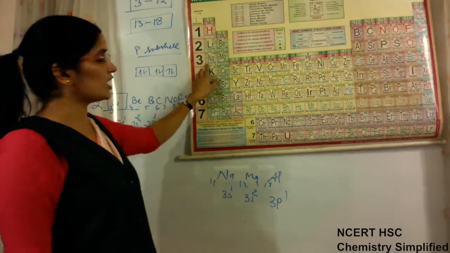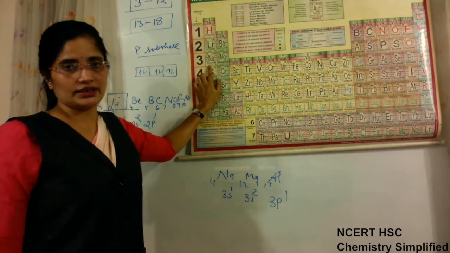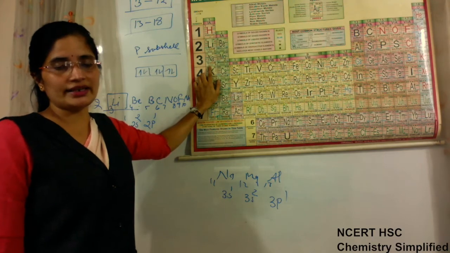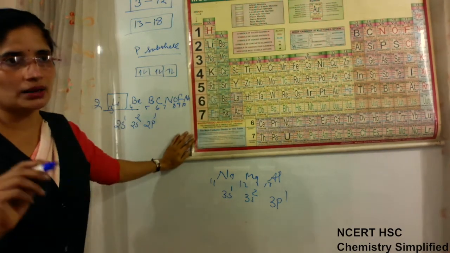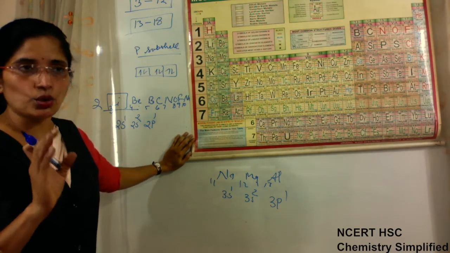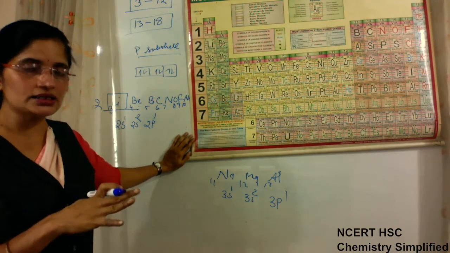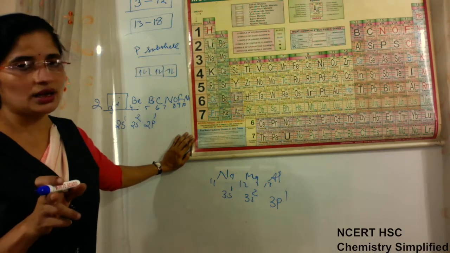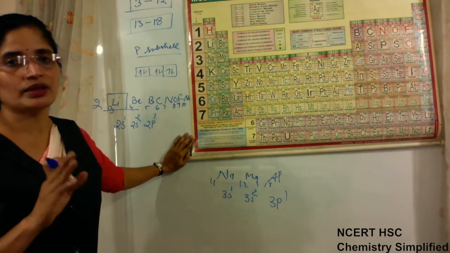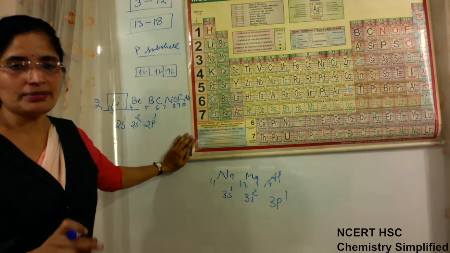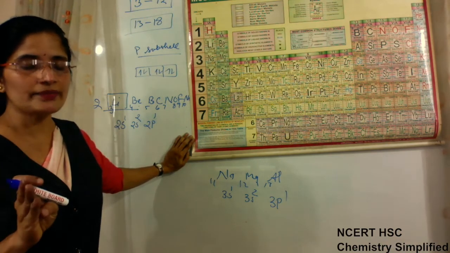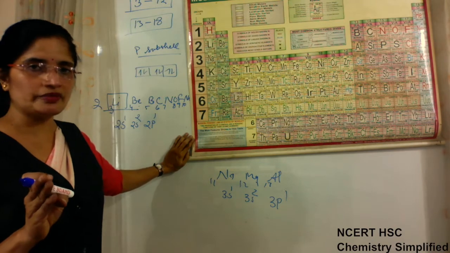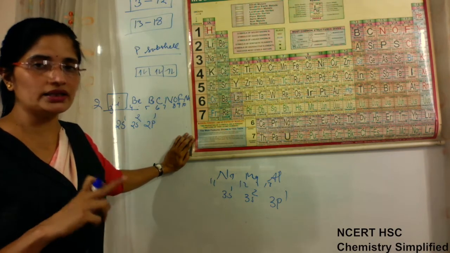Clear? In the third period, we again will have 8 elements. Why? Because in the third shell, though it has 3 subshells, 3s, 3p and 3d, 3d is not filled, 4s is filled before. That means in the third shell we will be filling electrons only in 3s and 3p.